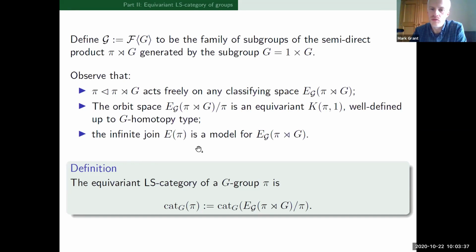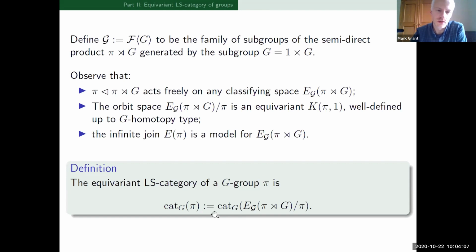Also, from what's gone before, if I've got the family generated by G, if I take the coset space, I mod out the semi-direct product by G, I'm just going to get, as a set, pi. And the action that you get on that pi is just going to be the action of G on pi.